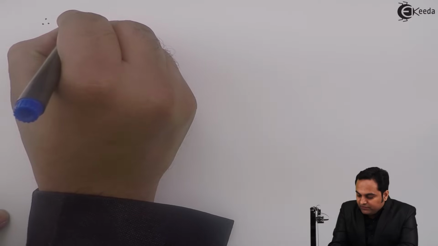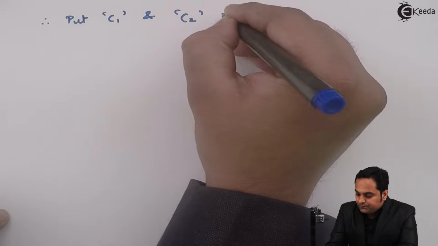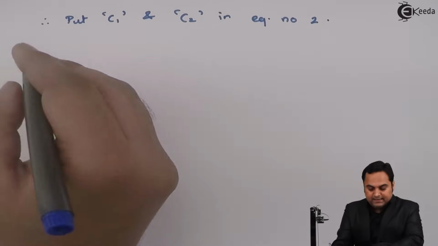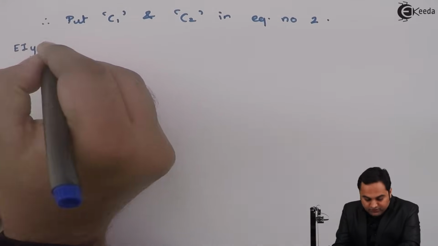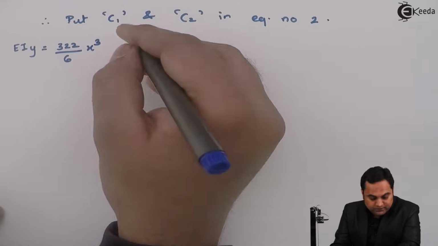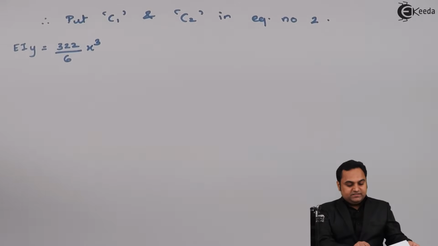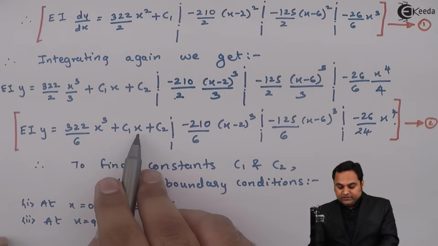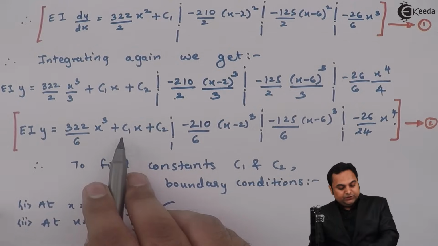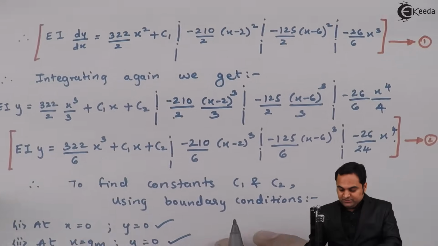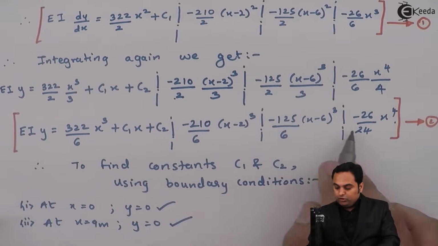So we have EI into y is equal to 322 by 6 x cube, plus C1 into x. C1 value is minus 2160.86 into x, plus C2 is 0, so no need to write this term. I'll directly copy all the terms here.